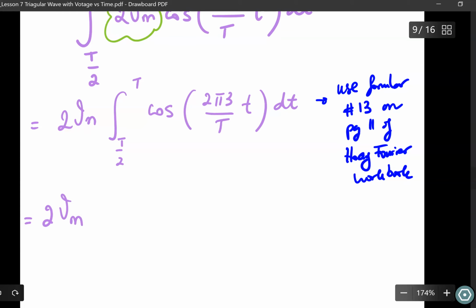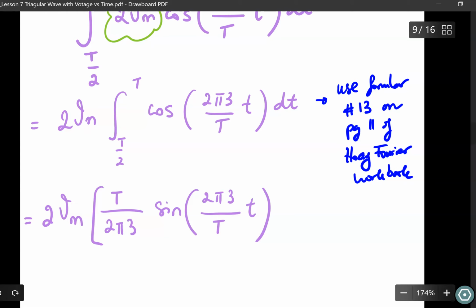I should write it as T over 2 pi n, in this case n is 3, so I will write 3, and then multiply that with sine of 2 pi n, so it's sine of 2 pi 3 over T times t.